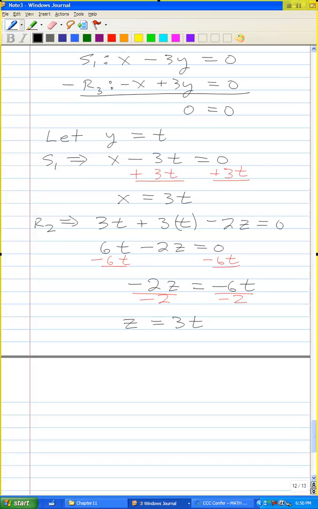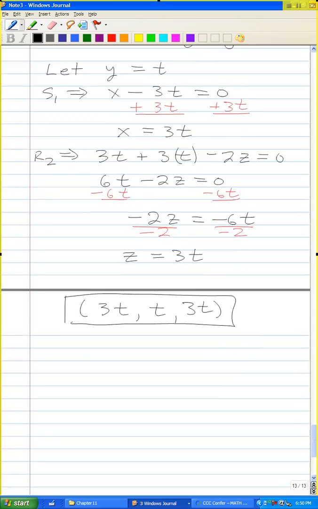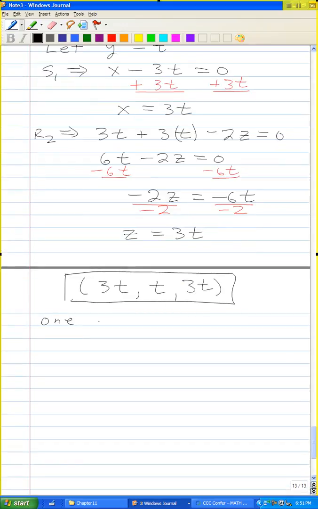And so the solution is x is 3t, y is t, z is 3t. So again, I have a one parameter family of solutions. This is a one parameter family of solutions. This is a line in the plane.